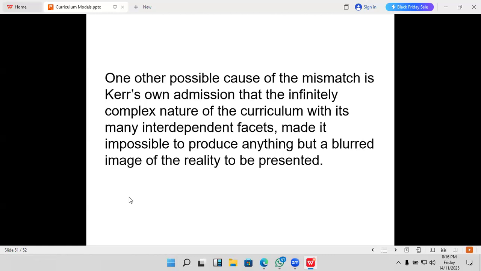The starting point is clear to a certain extent, but the ending point is not clear. That is the other criticism. It is impossible to produce anything but a fluid image of the reality to be presented, so we can't evaluate the outcome of a curriculum.